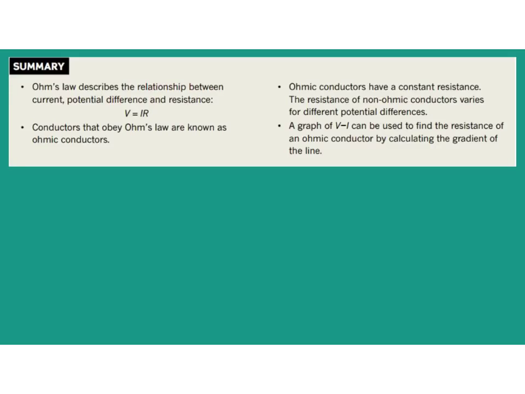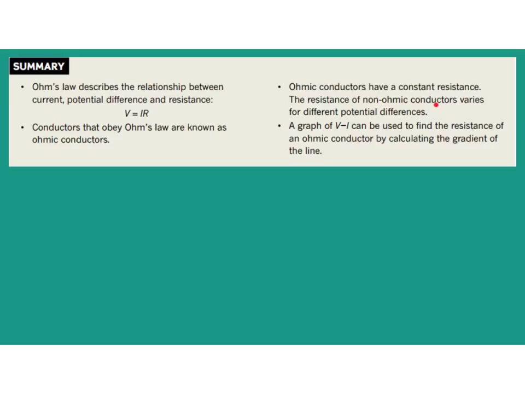All right, so as a summary for the lesson, lots of maths. What we want to know is that Ohm's law describes the relationship between current, potential difference, and resistance. Conductors that obey this law at all times are known as ohmic conductors. Ohmic conductors have constant resistance, and you can use gradient analysis to find this.